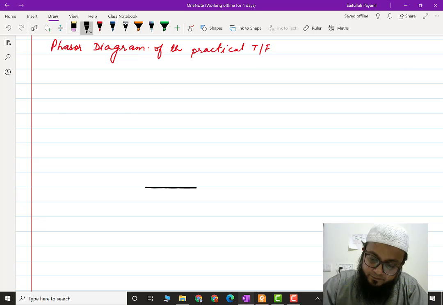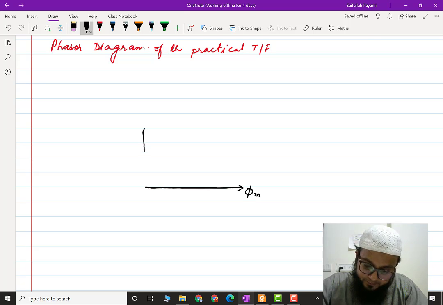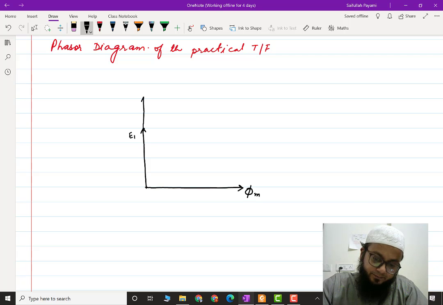So we have a flux here, let's say phi m. And we know that the induced EMFs E1 and E2 would be somewhere here. Let's say it is a step-up transformer, so E1 would be here and E2 would also be somewhere here.